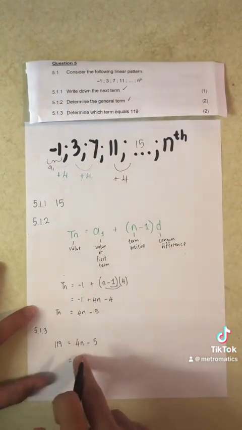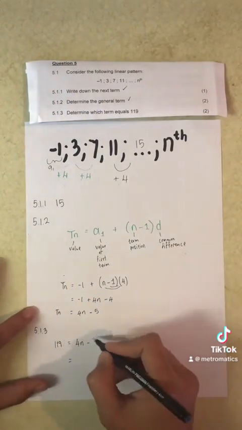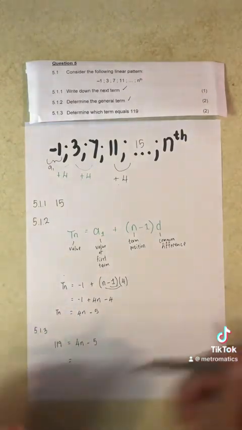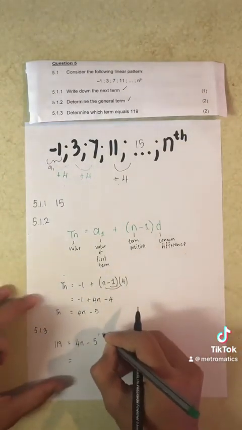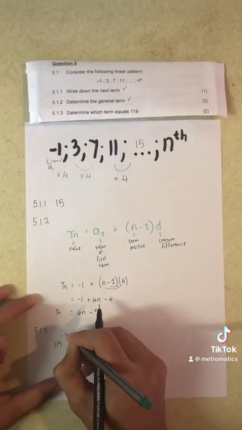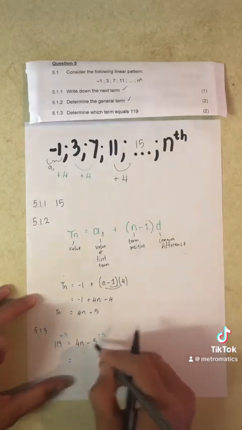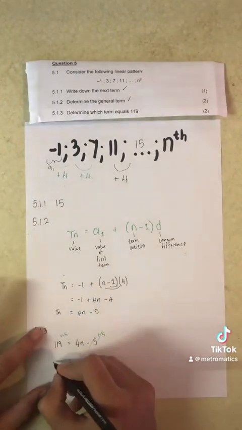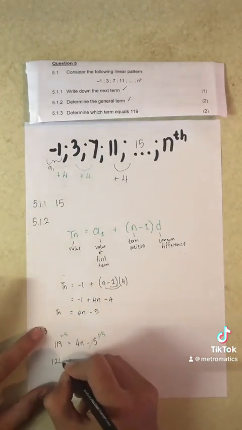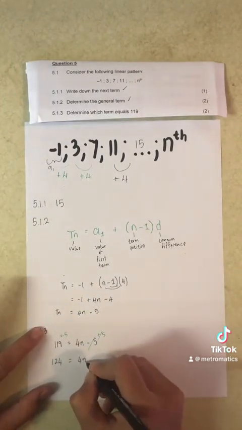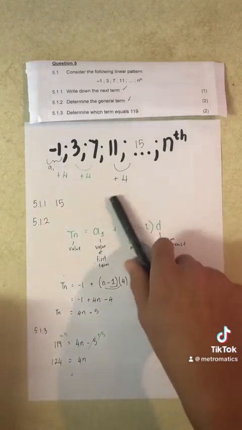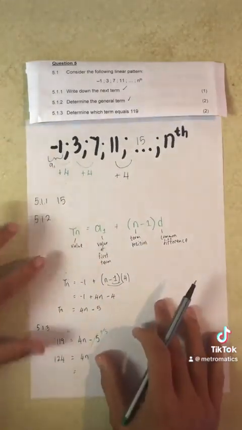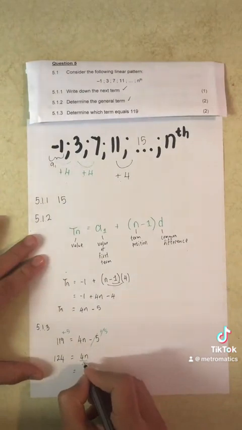So 119, I'm going to add 5 on both sides to get rid of this -5 over here. This will give us 124 equals 4n. Now I divide both sides by 4 to get rid of the 4.